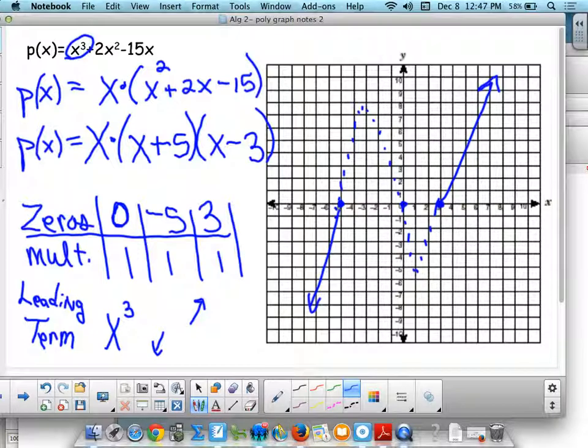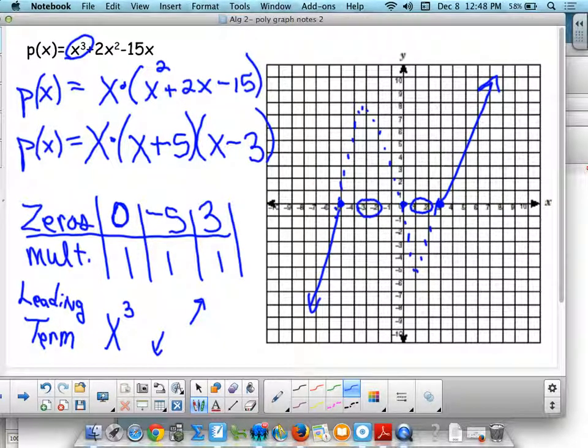You can do 2.5, but that's just not fun. So I would just try the integers, negative 2, negative 3. That's what I would do. And then on this one, you could do 1.5 if you wanted to, but I'd probably do 1 and 2.